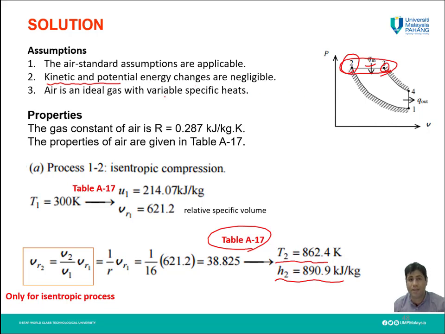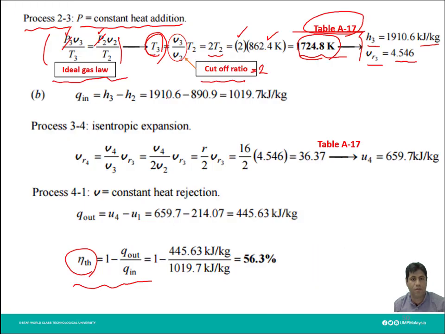You can see why the assumptions are important, because the general form of the equation to find Q in is like this: delta Q plus delta W is equal to delta E, and delta E is equal to delta K plus delta P plus delta U.